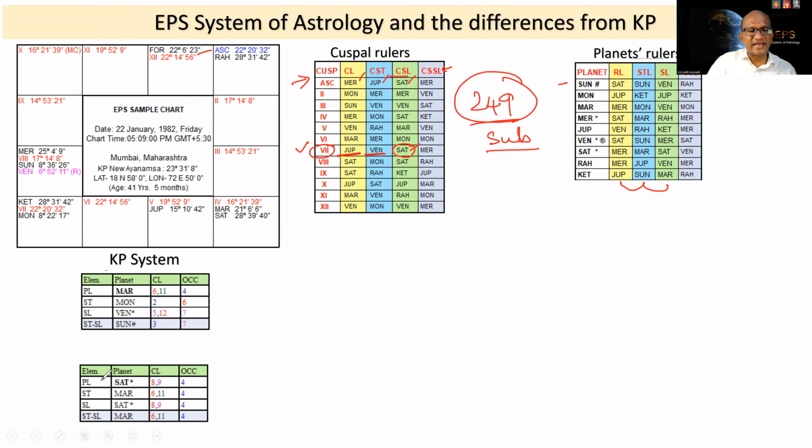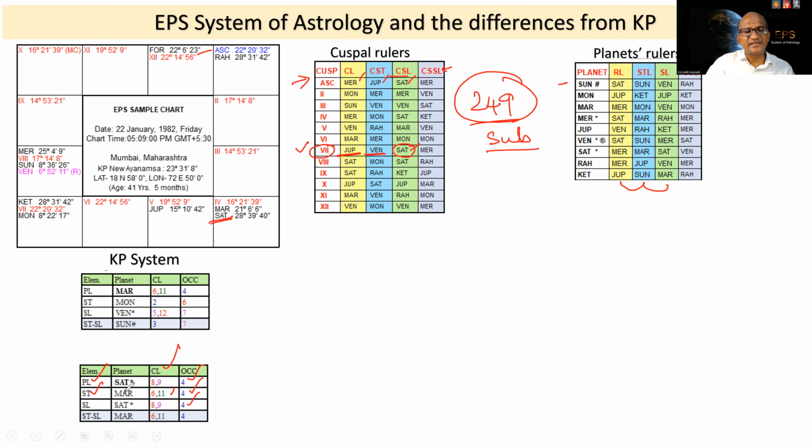What we do is see Saturn in the nakshatra of Mars, where Saturn is posted. Saturn is the 8th lord and 9th lord, taking cuspal lordship, and occupies the 4th house. Saturn is in the nakshatra of Mars, and that Mars also occupies the 4th house, and is 6th lord and 11th lord.